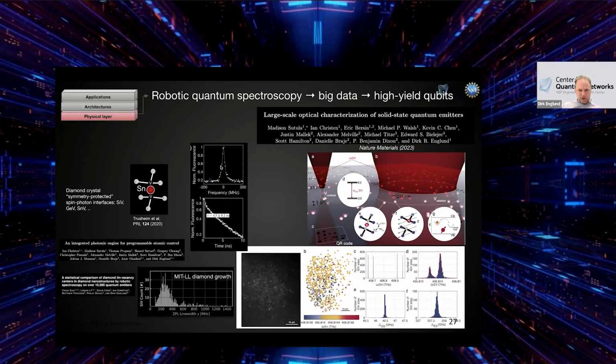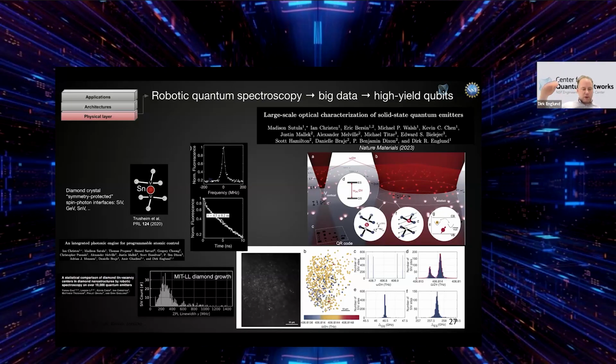So let's take a look at the full width at half maximum. And that line width has this uncertainty relation with delta omega times delta t has to be greater than or equal to 1. And that comes out for the lifetime of a tin vacancy emitter, which is about 4 nanoseconds.